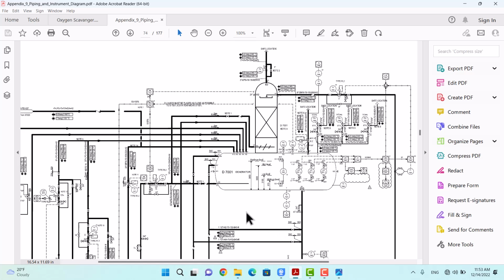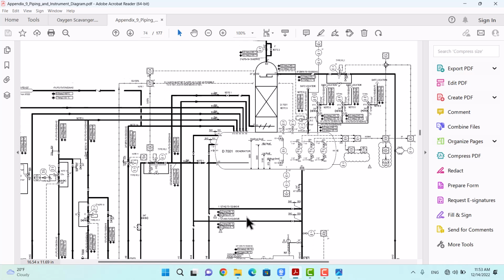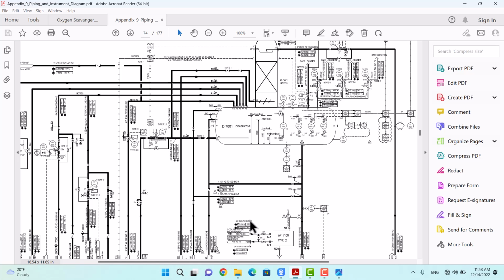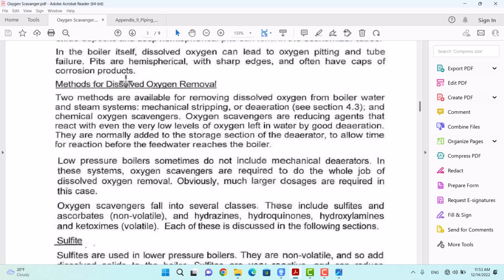But remember, not all of this oxygen is removed via mechanical stripping. In order to remove all of the oxygen, to maintain it at the lowest level, we have to add some chemicals such as oxygen scavengers to make sure that there is no oxygen in the system. So here is the meaning of this sentence.